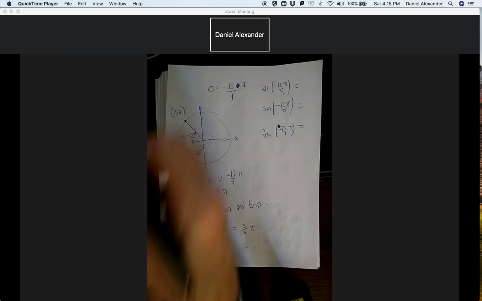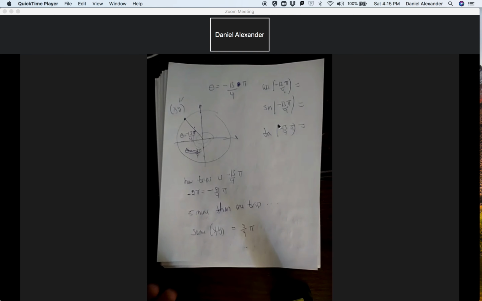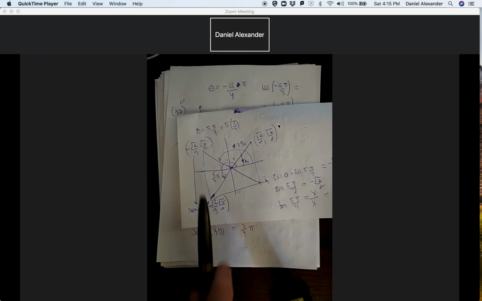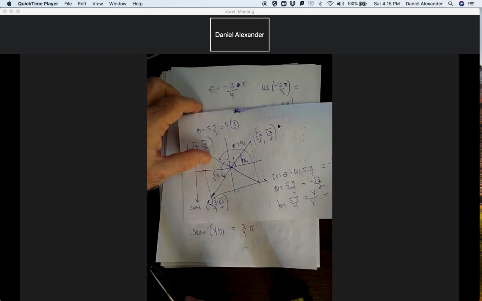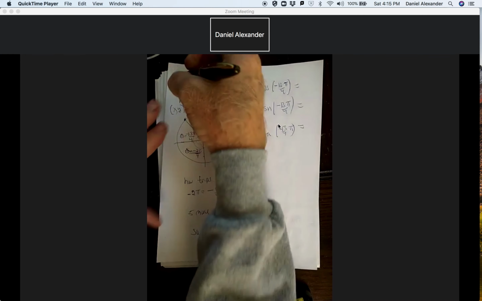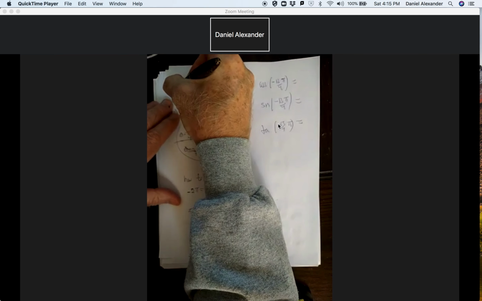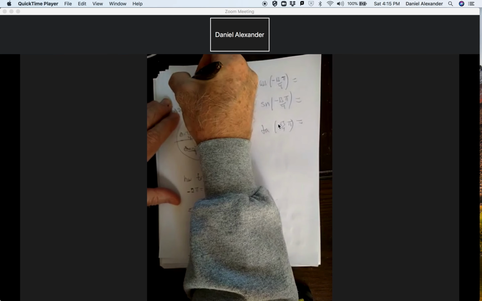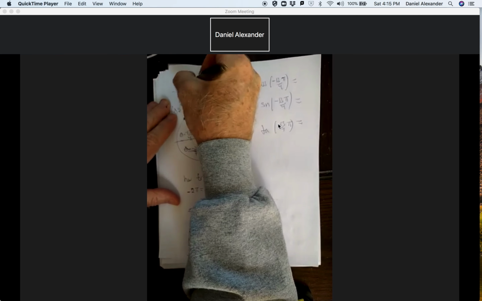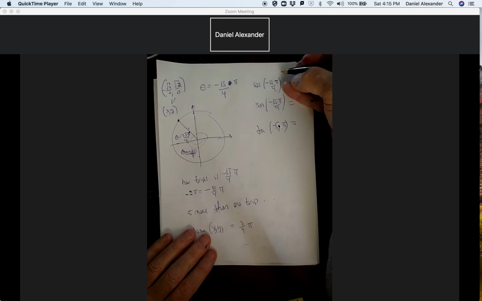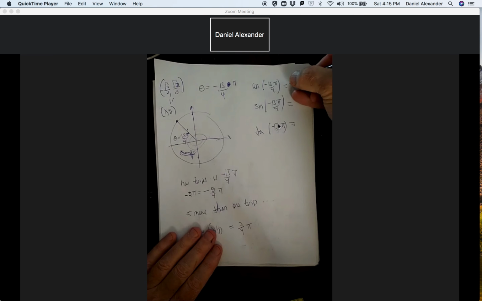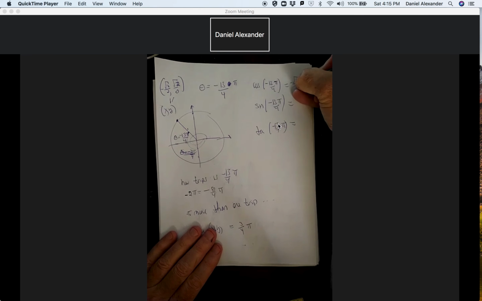So at 3/4 pi, we saw, go back to the chart that we did. It's kind of messed up because it's been used a lot. But here we saw minus square root of 2 over 2, plus square root of 2 over 2. So cosine is going to be the same as 3/4 pi: minus square root of 2 over 2.